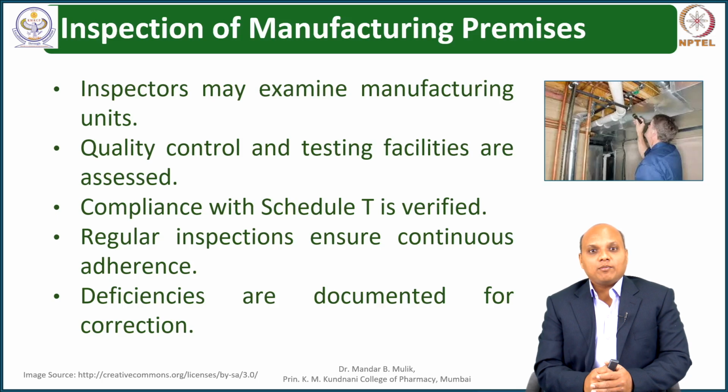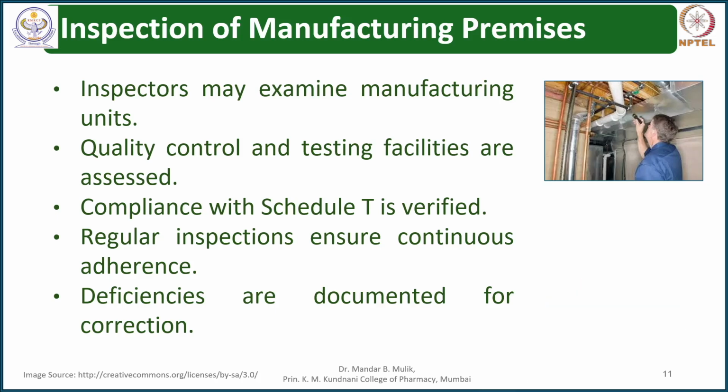Many pharmaceutical industries do have internal GMP inspections, which carry a good amount of significance to maintain the product quality. Deficiencies are documented for correction in such inspections, and the preventive action is documented and implemented through the SOPs.